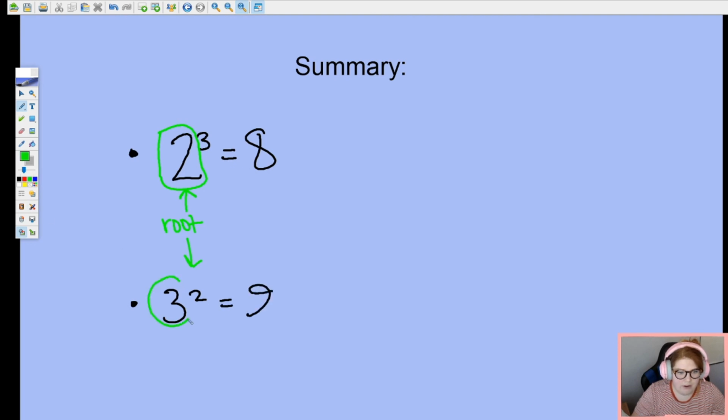This number right here is my root. And then this number on the other side of the equal sign is my perfect square or cube. And the top one, it's a cube because I multiplied it by itself 3 times. This one is a perfect square because I multiplied it twice.